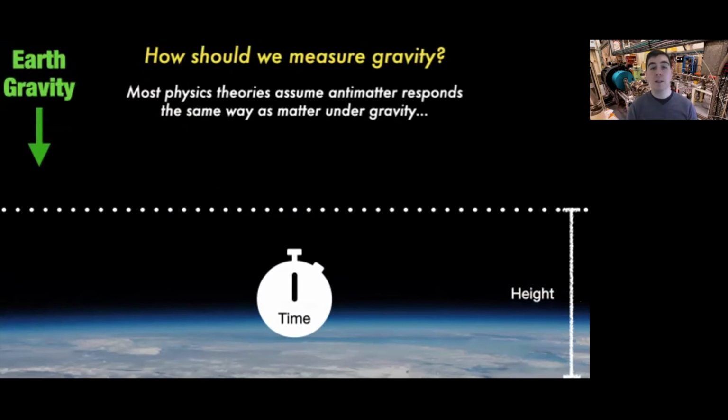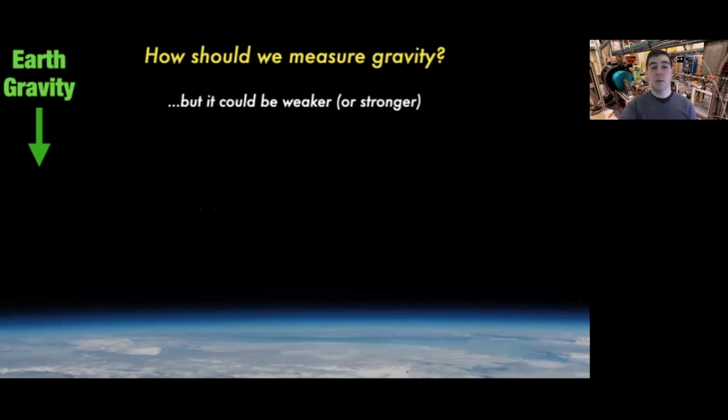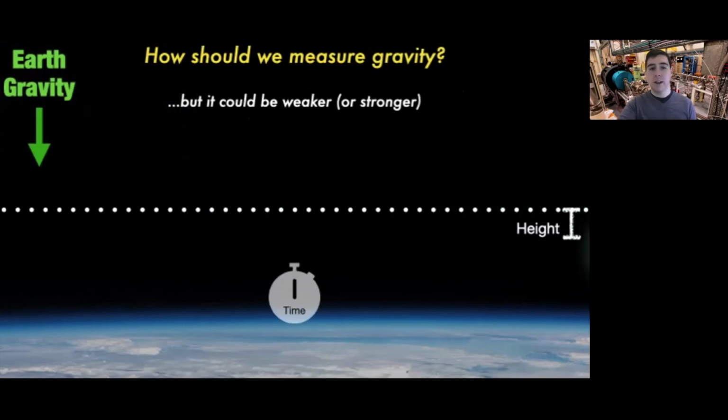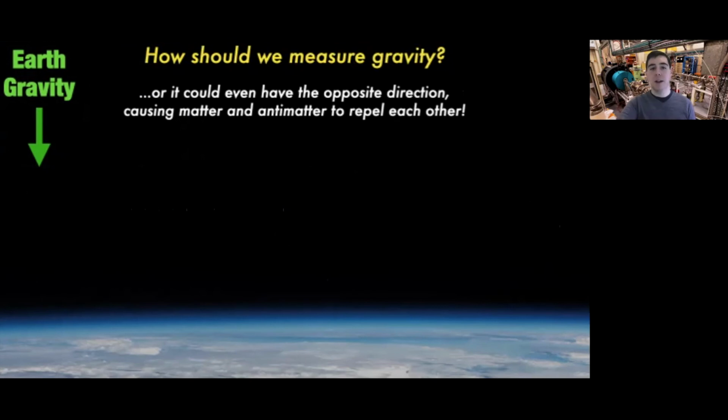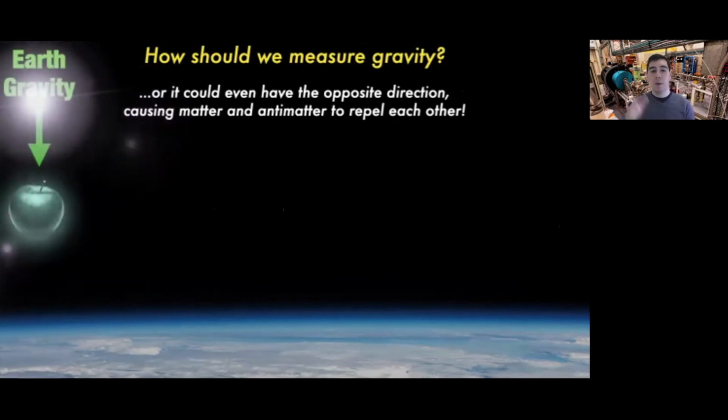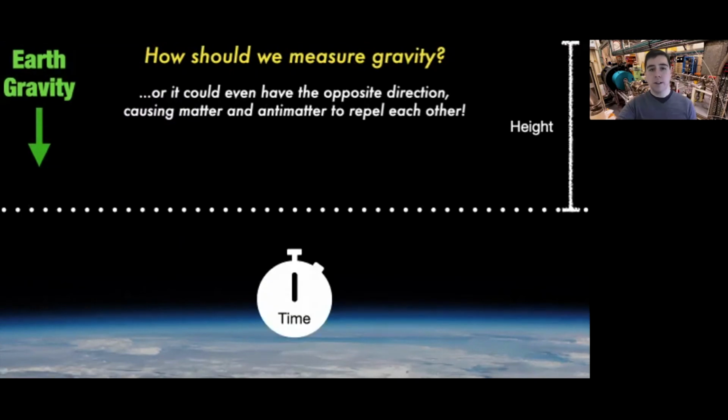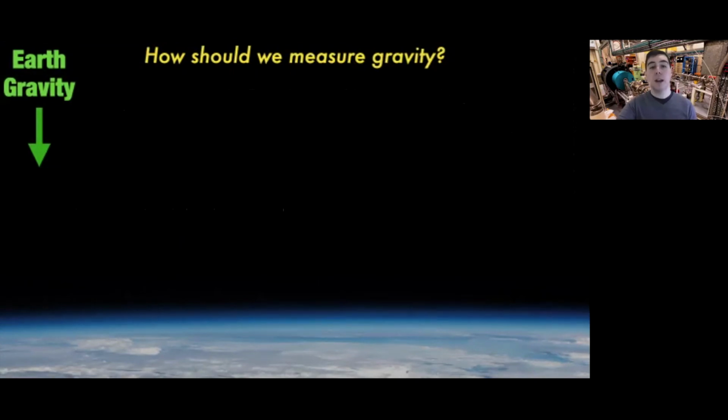It's possible that the gravitational pull of the Earth, which is made of regular matter, has a weaker effect on antimatter. It could even have the opposite direction, creating a repulsion of matter and antimatter, so pushing them apart. So, in order to test this, we could take a positron, for example.